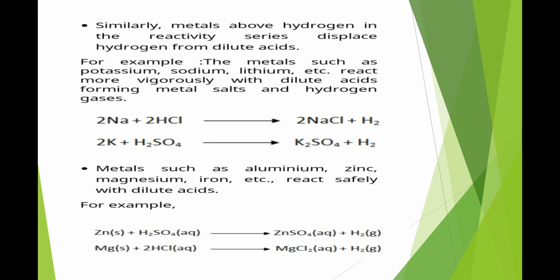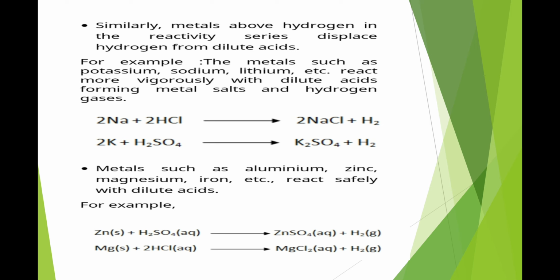In the same way, take the reaction of potassium and hydrogen sulfate, that is sulfuric acid. Here potassium displaces hydrogen, and we get potassium sulfate, and hydrogen gas is released.